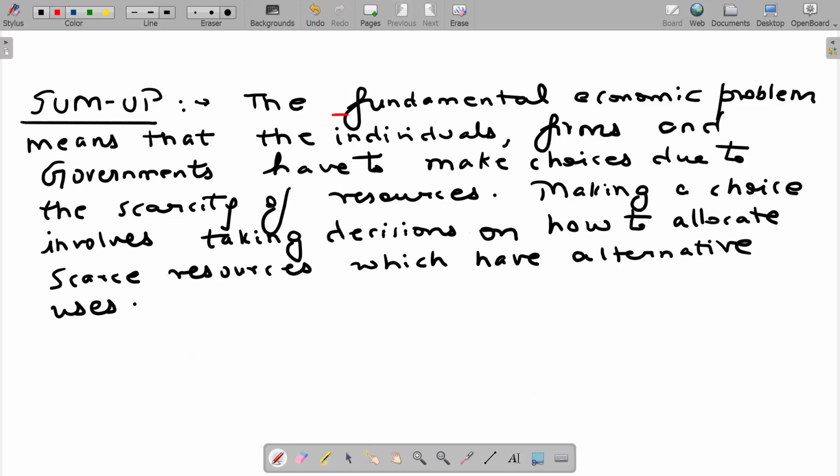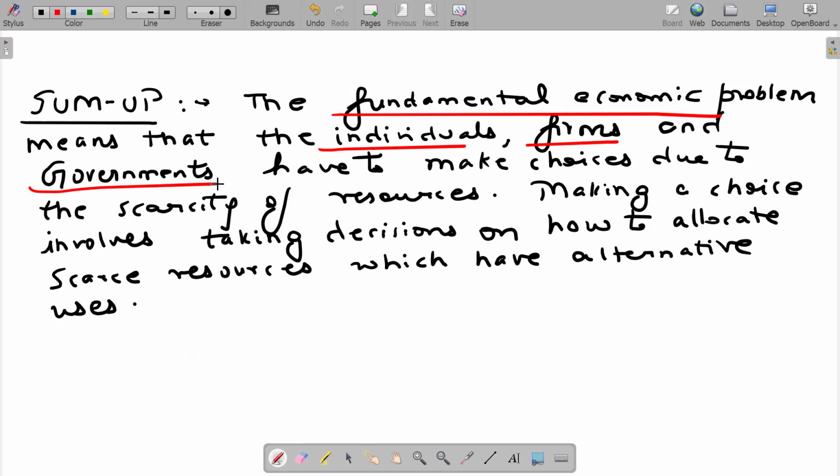The fundamental economic problem is not only faced by individuals, the firms also face it, the governments also face it at all levels, at society level, at national level, at international level. All economies in the world face the fundamental economic problem. It's not that it is faced only by the underdeveloped countries or developing countries.